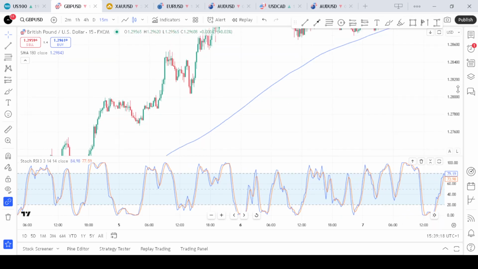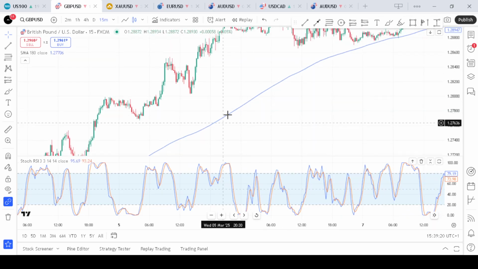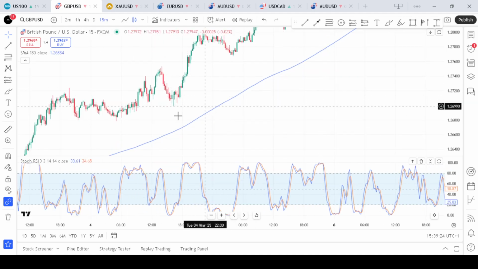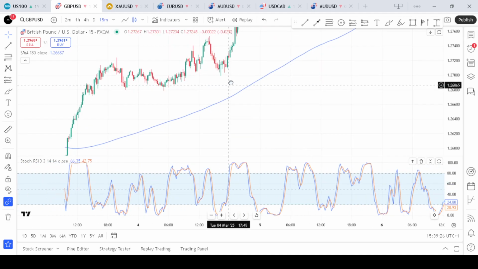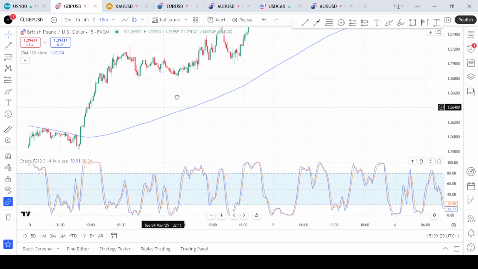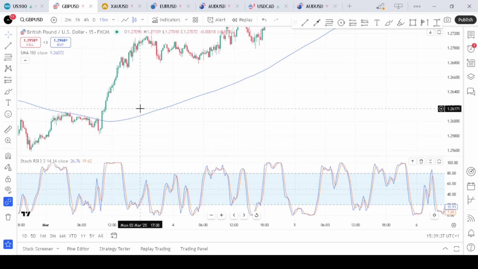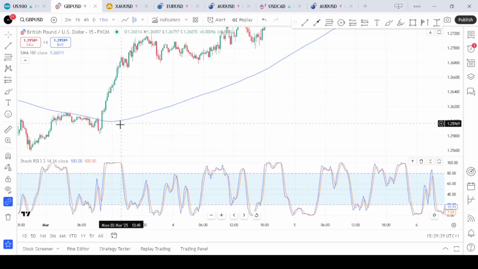The next step is to monitor your Stochastic RSI oscillator for signals that align with the trend. So for long positions, you wait for the Stochastic RSI to rise from the oversold zone, which is the 20 region.